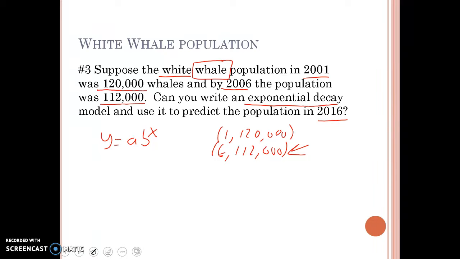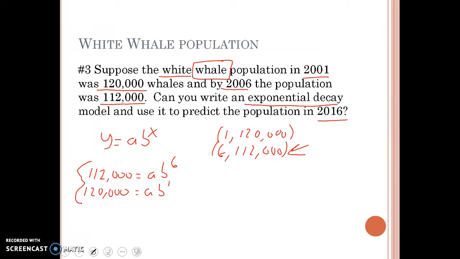So if I plug in my x and my y values, I will have 112,000 for y. That equals a times b to the 6th power. Then if I plug in my other point, I will have 120,000, and that equals a times b to the 1st power. So here's my system of equations.